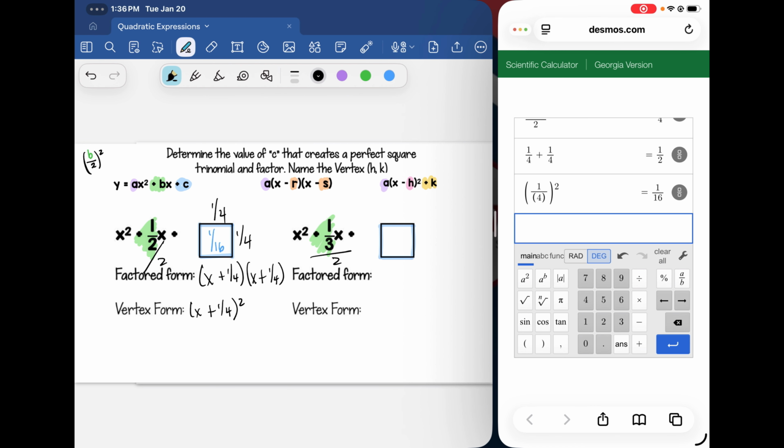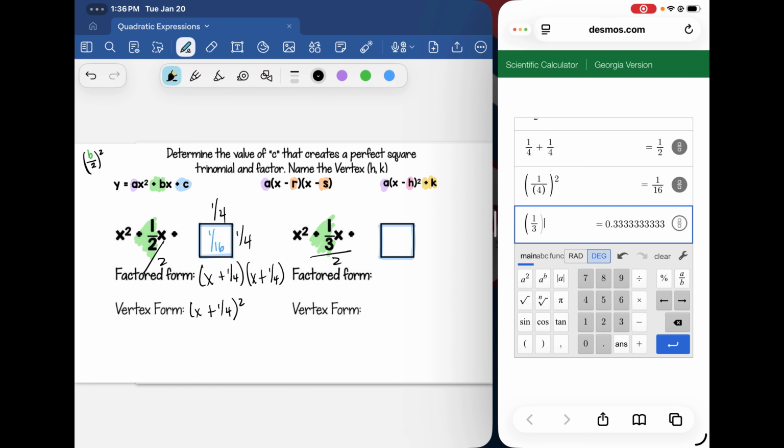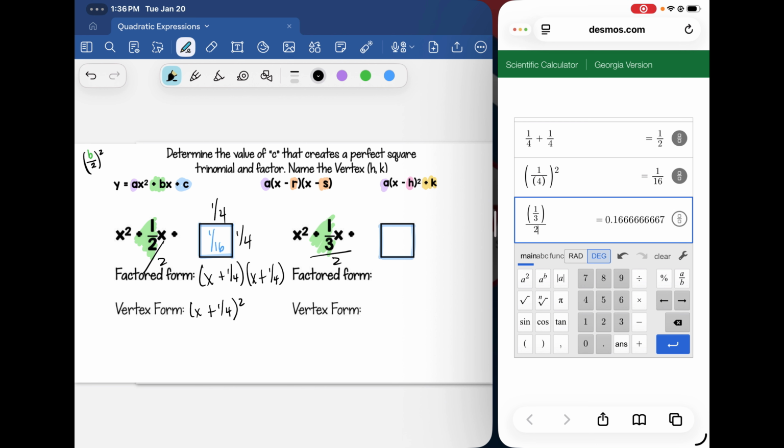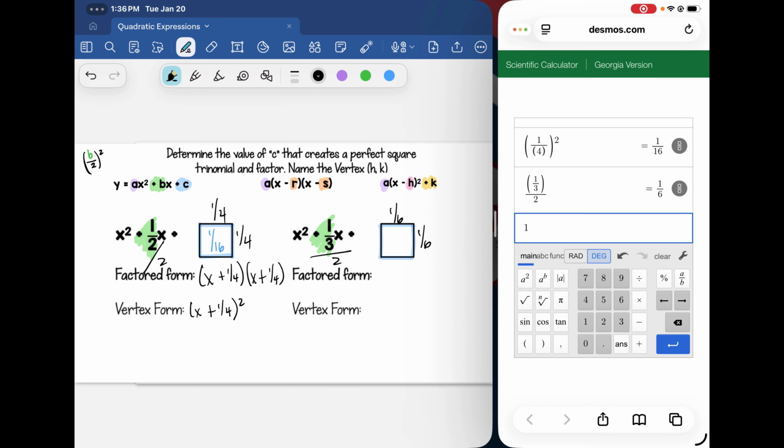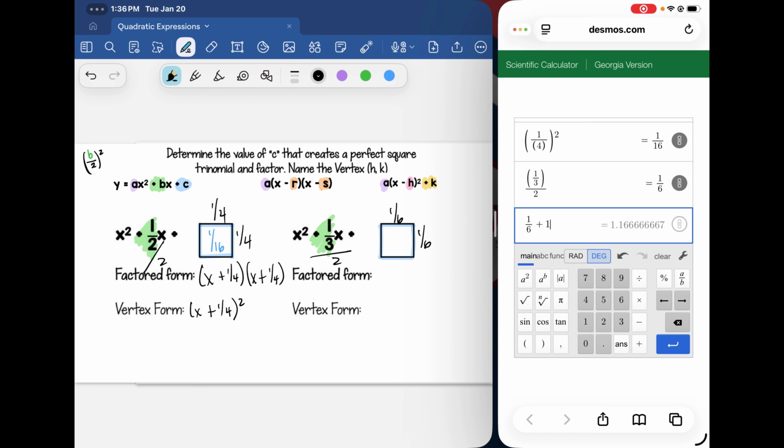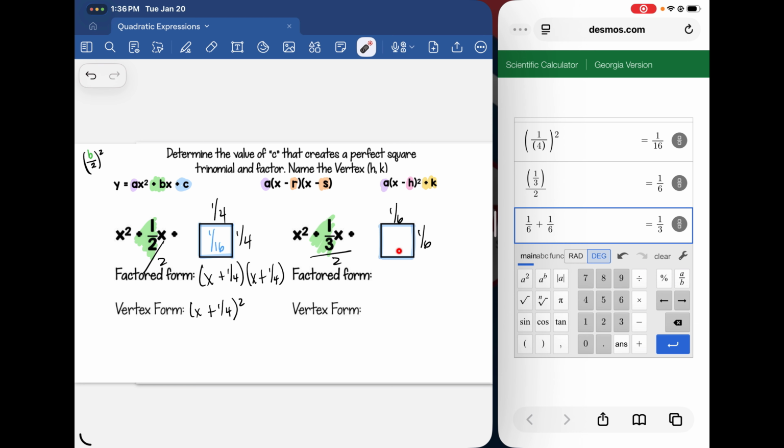So in the calculator, open parentheses, 1/3, close parentheses, divided by 2, hit my little toggle, my little fraction button, and half of 1/3 is 1/6, because 1/6 plus 1/6 is equal to 1/3.